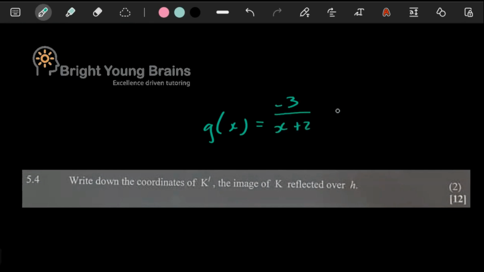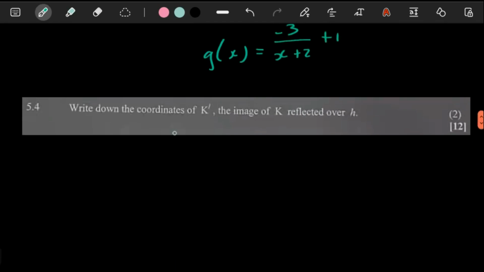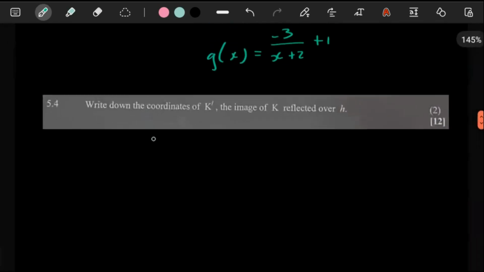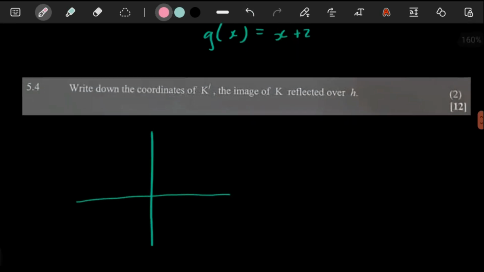Give me 2 seconds to write out the equation and 2 seconds to draw the sketch. Let's just redraw it, because me redrawing the sketch will make your life so much easier in terms of understanding the whole thing here. So we have our asymptote over here, it was -2. The other one is over here, +1.